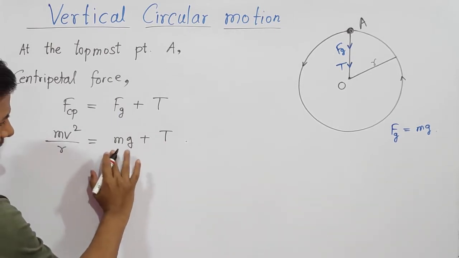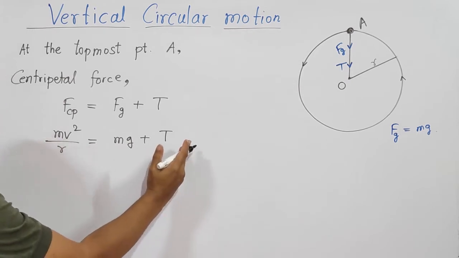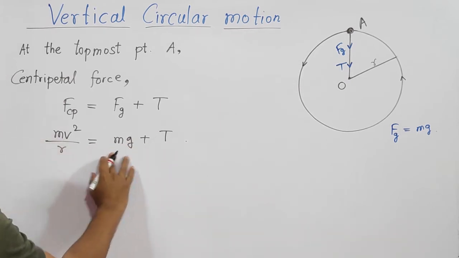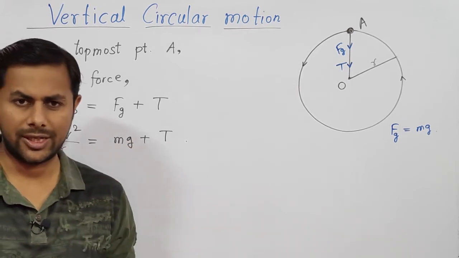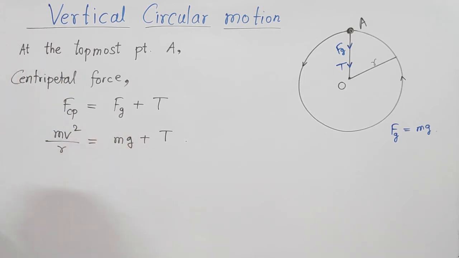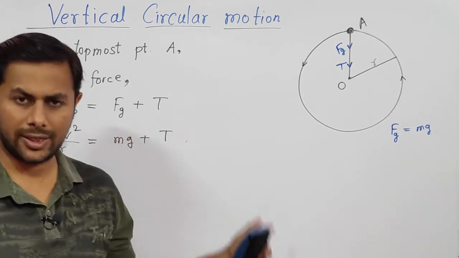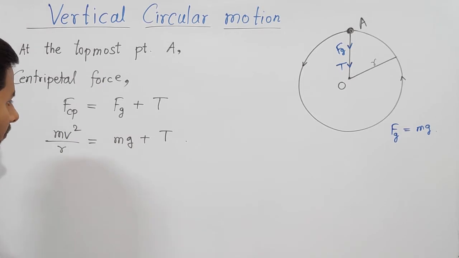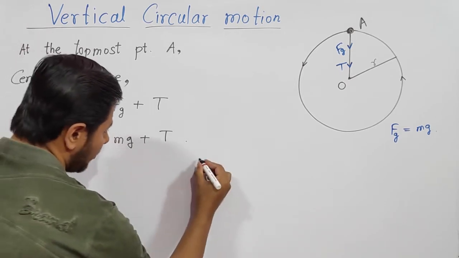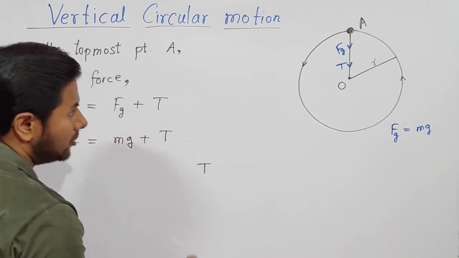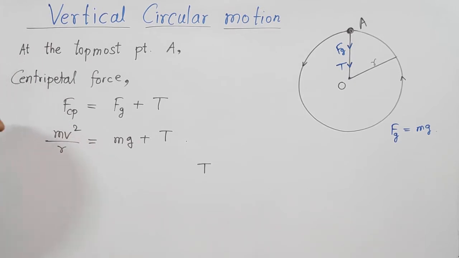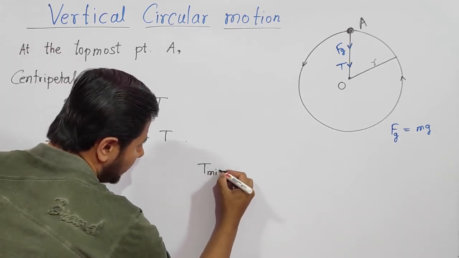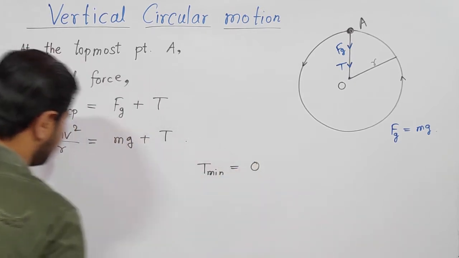On the right hand side we have m into g plus tension in the string. mg is constant, it cannot change. So it's the tension which can increase or decrease. So tension has to be minimum. And what is the minimum value that tension in the string can have? The minimum value for the tension is equal to 0.